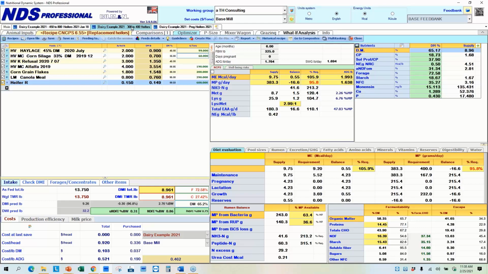And the hardest thing for the model to do is to predict this weight gain across a large group of animals unless you look closely at what the predicted dry matter intake is if you don't know it, and match that up for the weight of your animal. And so here you can see we have our weights in here. The refusal is the high cow refusal.